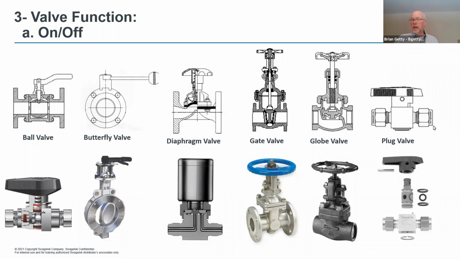Small sizes, although some are available in larger sizes. But with a valve like this, the disadvantage is that, like a ball valve, it's a rotary valve. It is not designed for throttling, so you will not control flow with a valve like this.